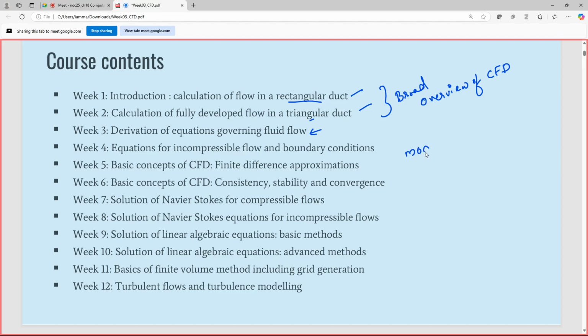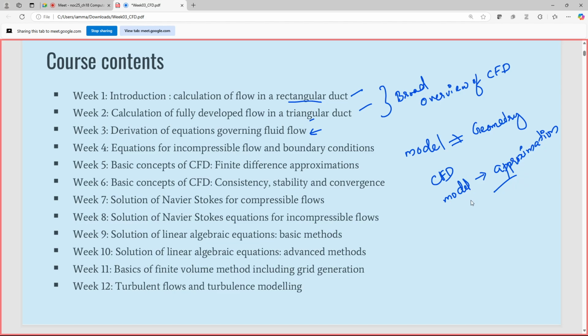When I say model, it is not always equal to geometry. In CFD, model or modeling is always used in coherence with approximation. When you hear the word model, mathematical model or modeling, what we are talking about is an approximation, how we are modeling the physics or physical phenomena in terms of mathematics.